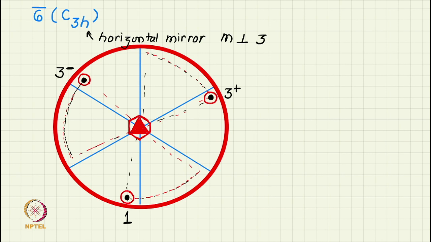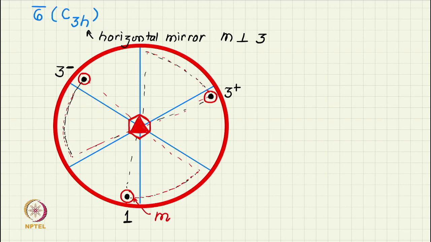So for the other group operations we can write here now. This one is just represented as a reflection of 1, we can call it M. Now here the red one, how to relate this with 1.